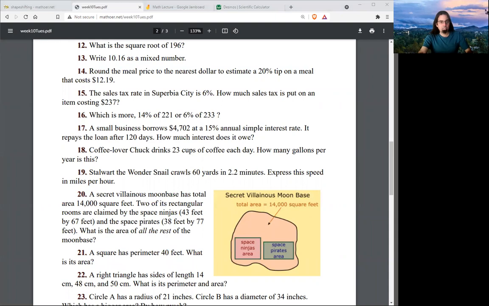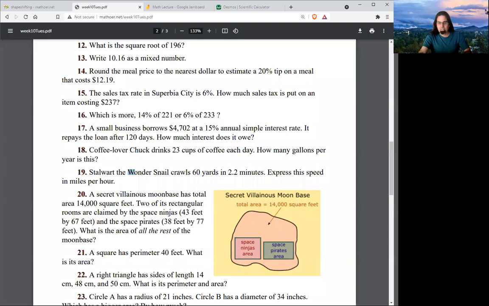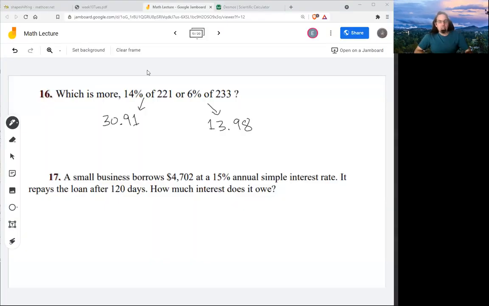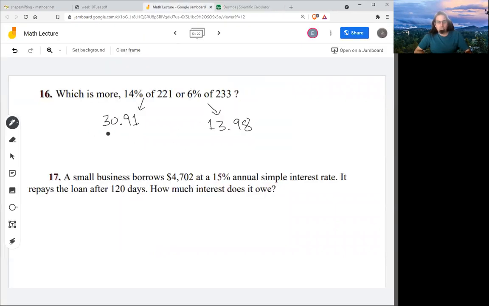Did anyone do that already? Which one did they get bigger? I didn't do that one yet. I'll pause for a moment. 16, I'm not going to write them all out, but you can do this. So 233 times 0.06 and so on. So which is bigger? The first one was.